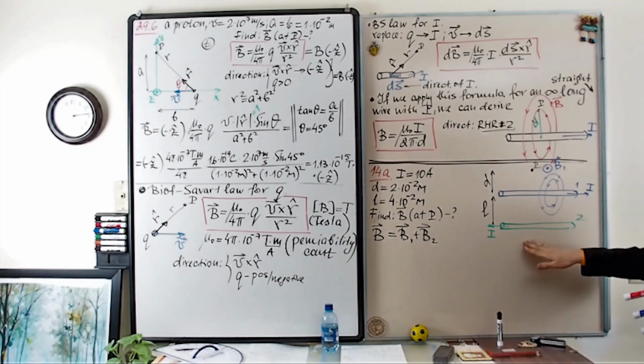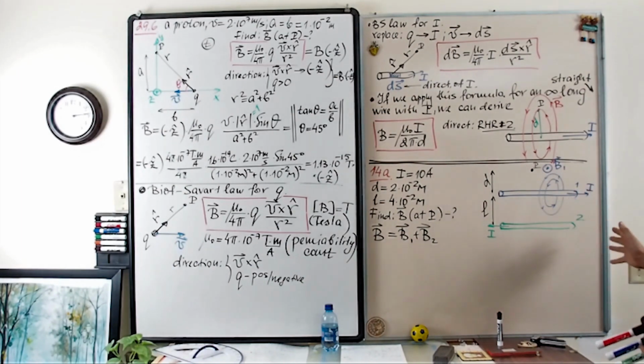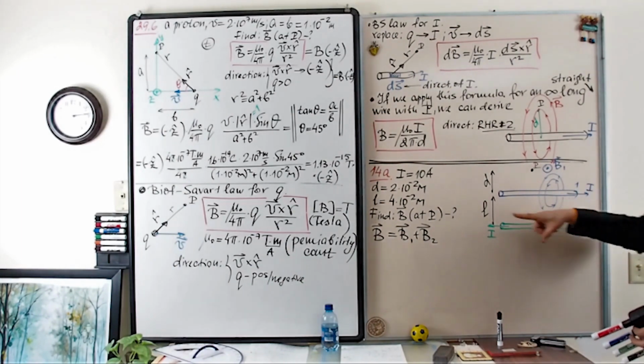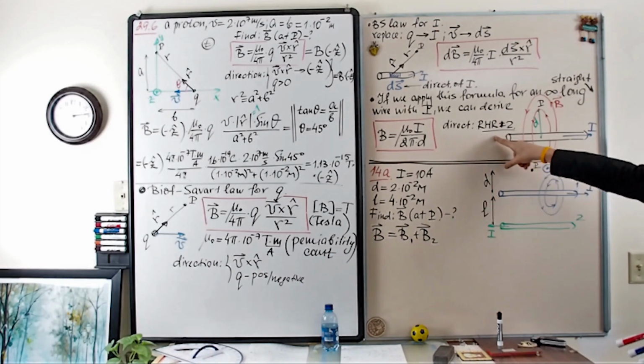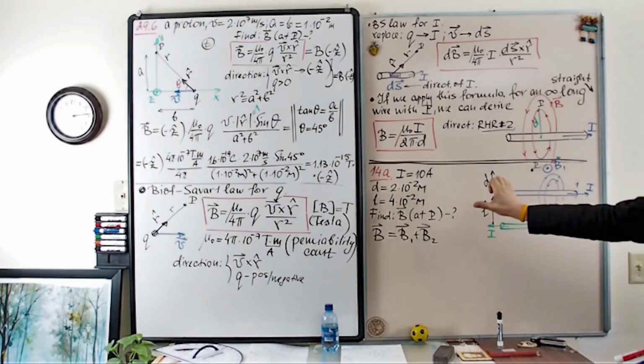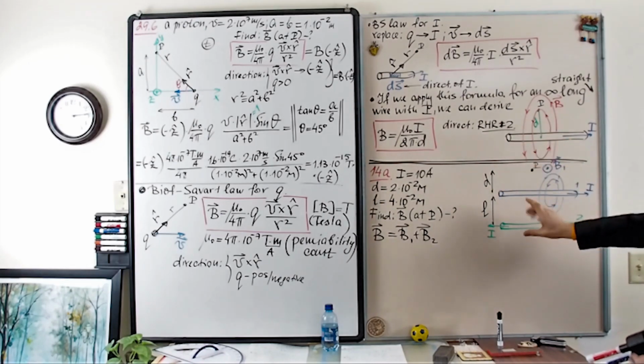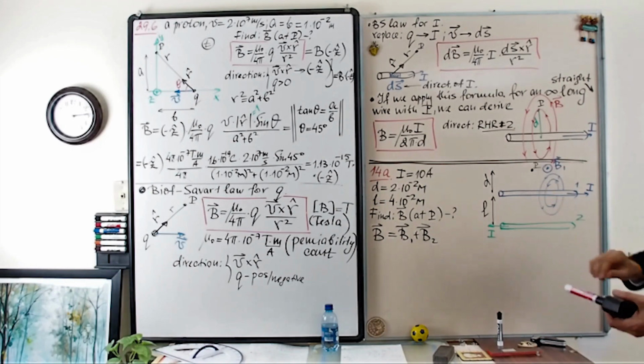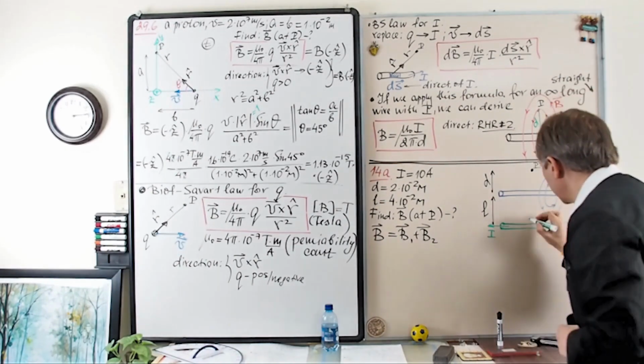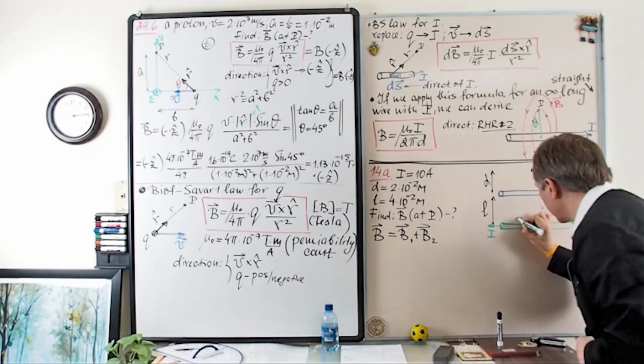Now green, exactly the same story, but now the current flows that way. So in order to apply the right-hand rule, outstretch your thumb in that direction, and curl your fingers around the wire. It means that the magnetic field lines will have this structure.